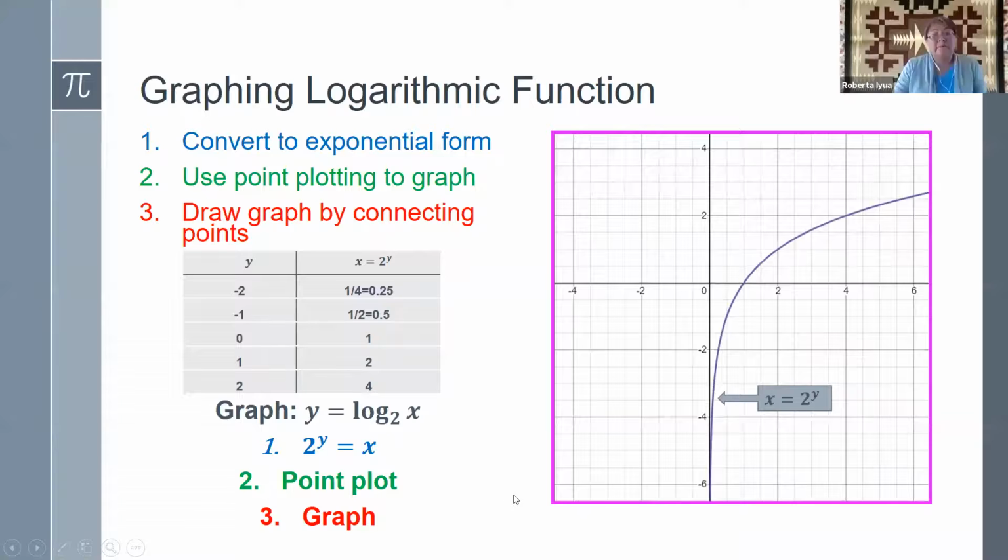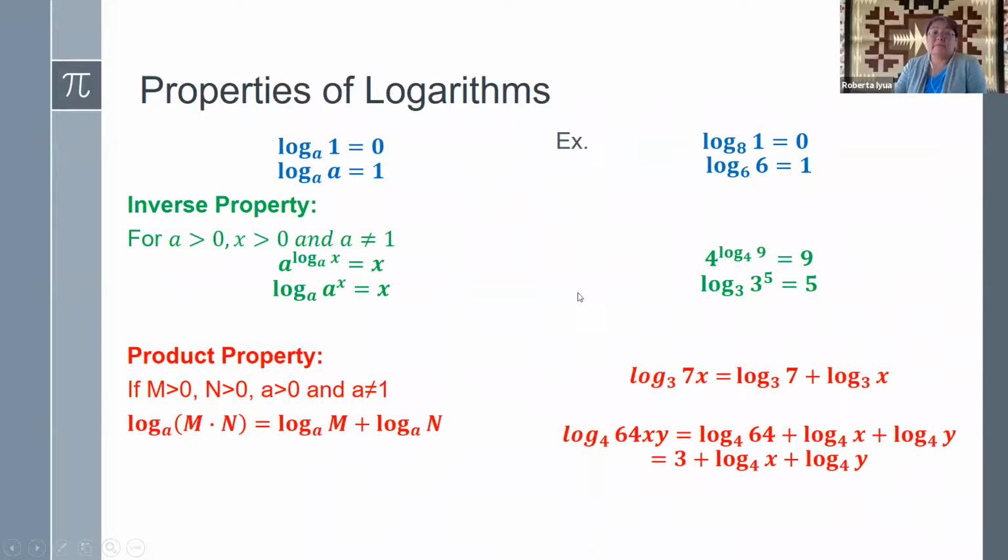Here are the properties of logarithms. The blue at the top is your basic. So log base a of 1 is equal to 0. Then log base a of a is equal to 1. Here's an example of that.